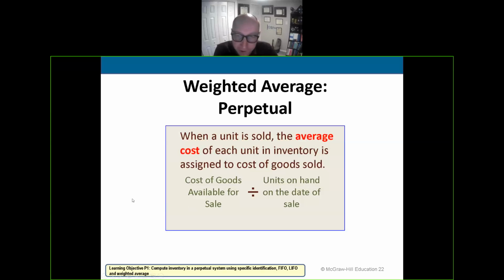So we talked about first in, first out. We talked about last in, first out. Now let's talk about weighted average. Weighted average, while simple, it's not always the most accurate, which is why not a whole lot of companies use it. Weighted average: we take the cost of goods available for sale divided by the number of units on hand at that date.